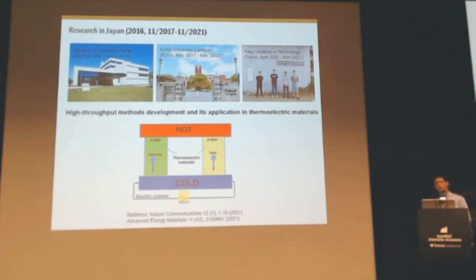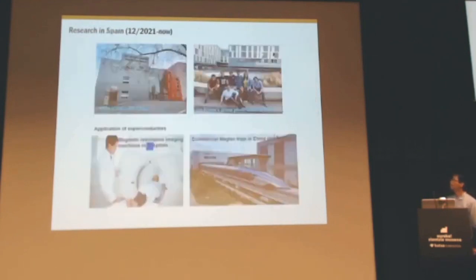Such materials can convert heat into electricity, and obviously it's useful because it can be used to solve energy crisis problems. And currently, I'm at the CFM in the Young's group.